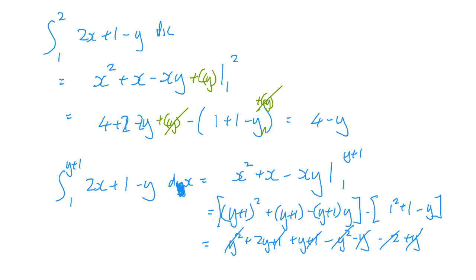Plus 1 minus 2 cancels. So actually, having done all that by coincidence, this thing ends up being nice and simple. But it perfectly well could have been something more complicated. But the point of this is now that the answer to a definite integral won't be a numerical value. It will be a function of whichever variable is left, the one I didn't integrate with respect to. Okay, does that make sense?